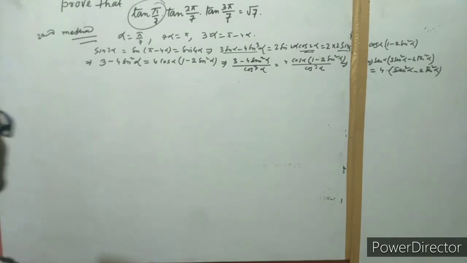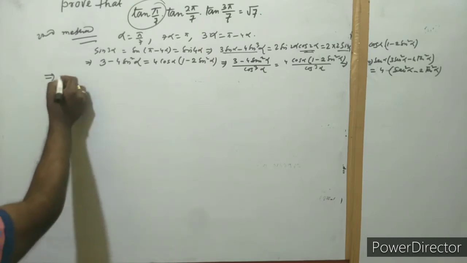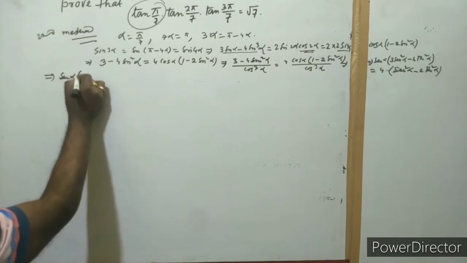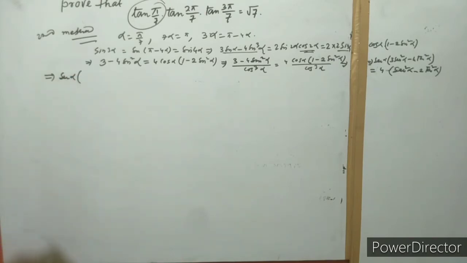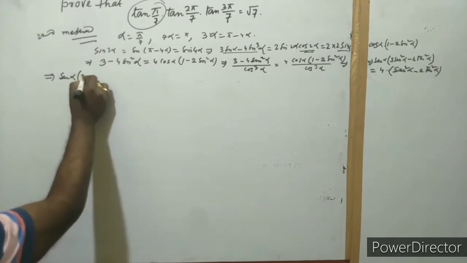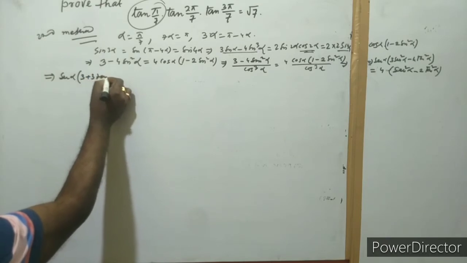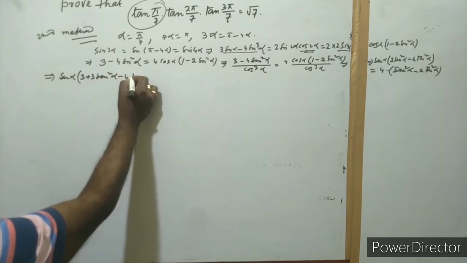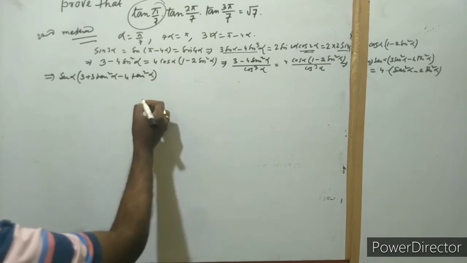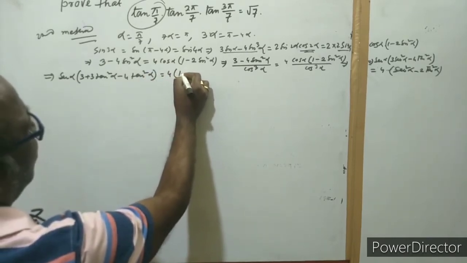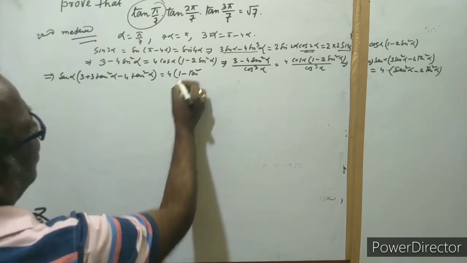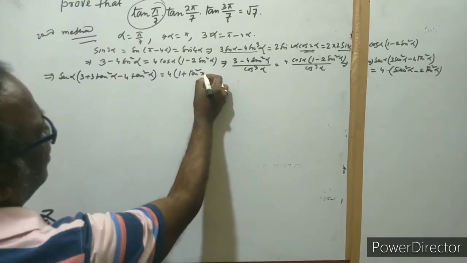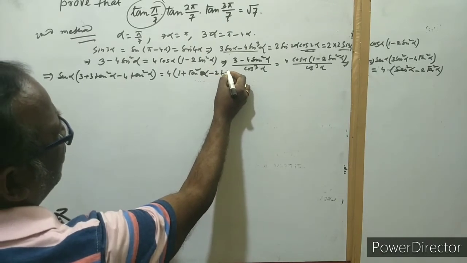Okay, so I can rewrite here. Sec square minus tan square is equal to 1, so in place of sec square, we can write 1 plus tan square. 3 plus 3 tan square alpha minus 4 tan square alpha, this is here 4 into 1 plus tan square alpha minus 2 tan square alpha.